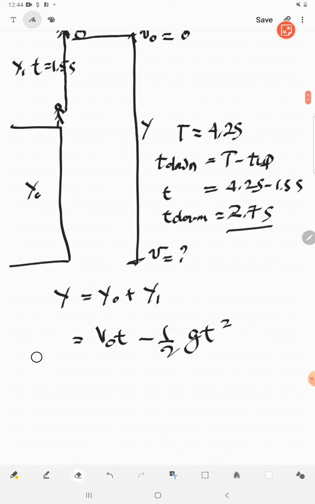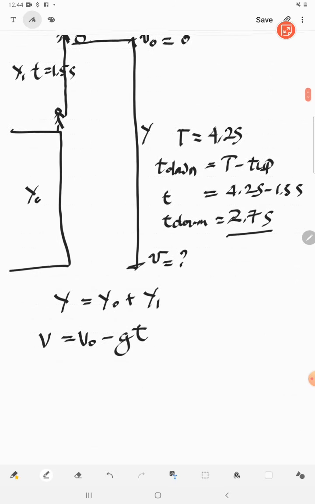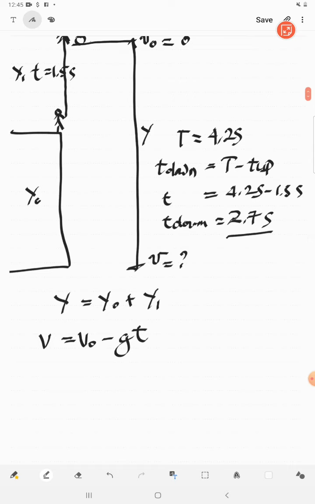So we will use the first equation, that is the one that is very important, which is v equals v naught minus g t to find for v naught. Okay, because in the problem we are going to find the v naught, and of course you know that at maximum height the v is equal to 0. Therefore the negative of v naught is simply equal to the negative g t.